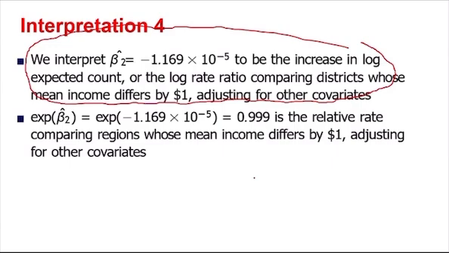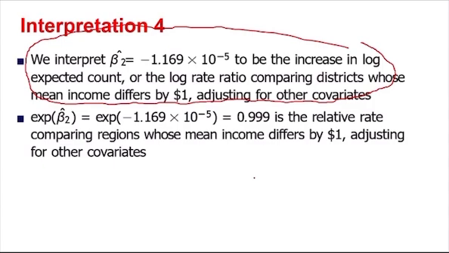Now, this guy is the increase in the log expected, or log rate ratio. You can call it either log expected or log rate ratio. Comparing these two whose mean income differ by $1, after adjusting for other covariates.